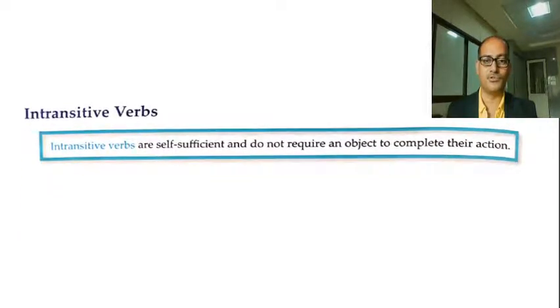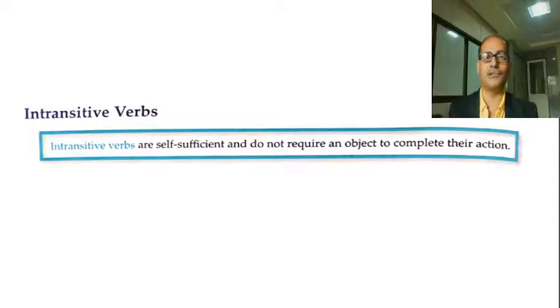So what are intransitive verbs? Intransitive verbs are self-sufficient and do not require an object to complete their action. So dear students, in a sentence, suppose there is no object, and without an object the sentence has correct sense, then the verb is an intransitive verb. Again I shall repeat, if there is a sentence without an object, then the verb of that sentence is an intransitive verb.